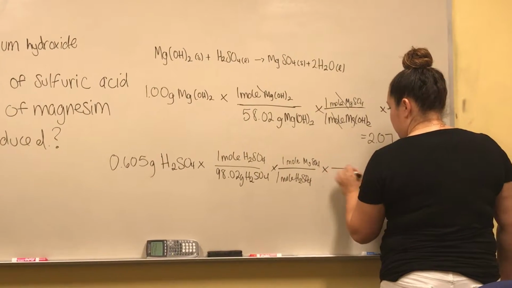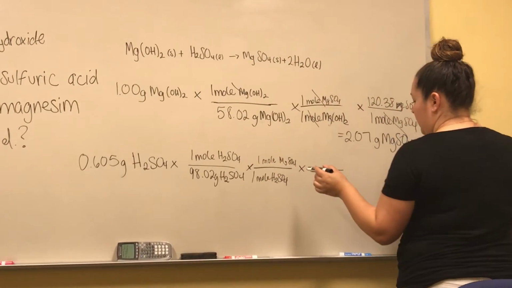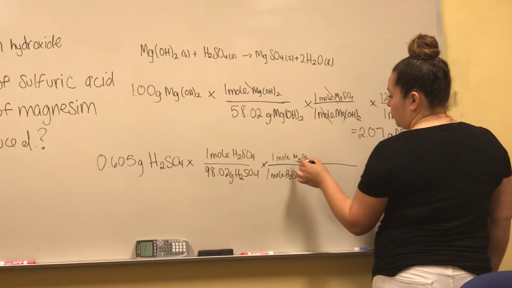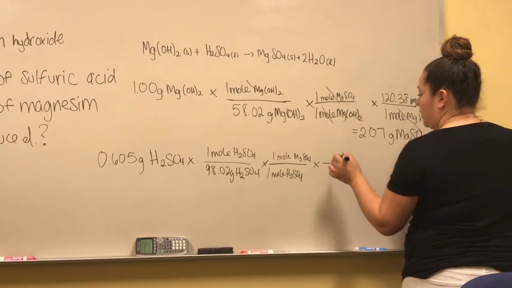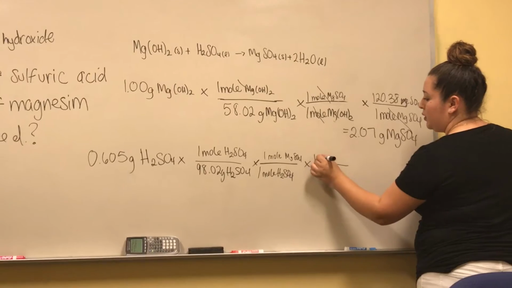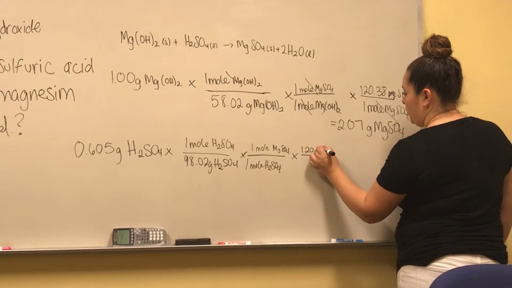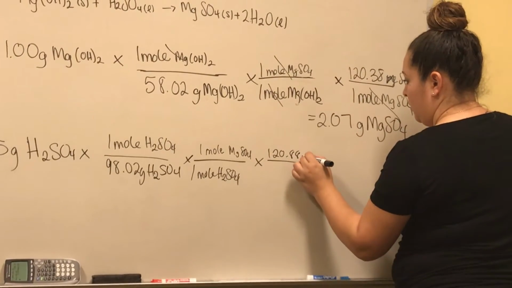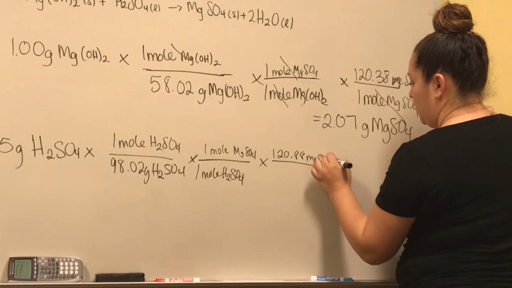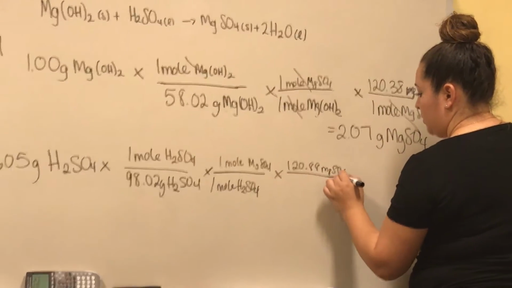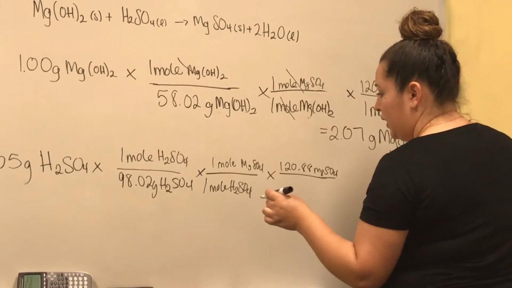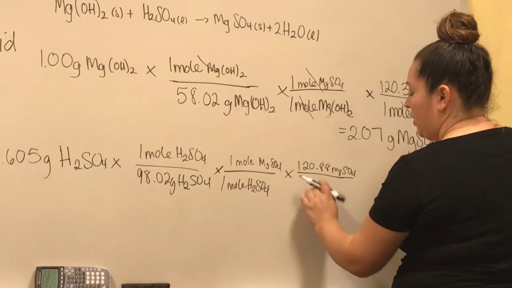Times, then you would do again the total mass of magnesium sulfate, which is 120.38 grams of magnesium sulfate. And then same thing with the bottom equation here.